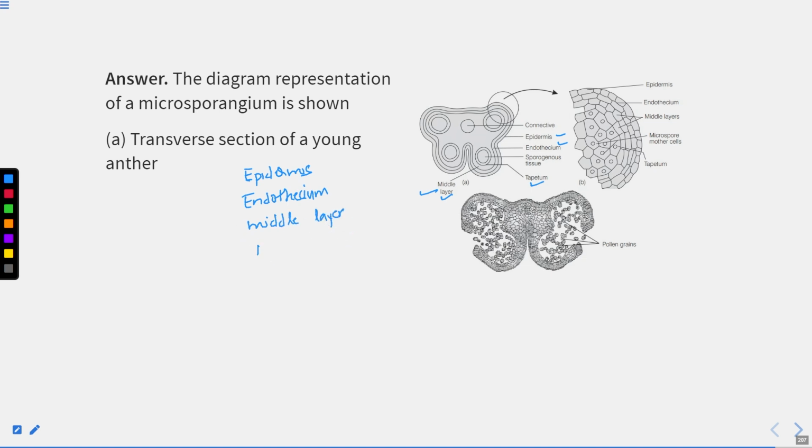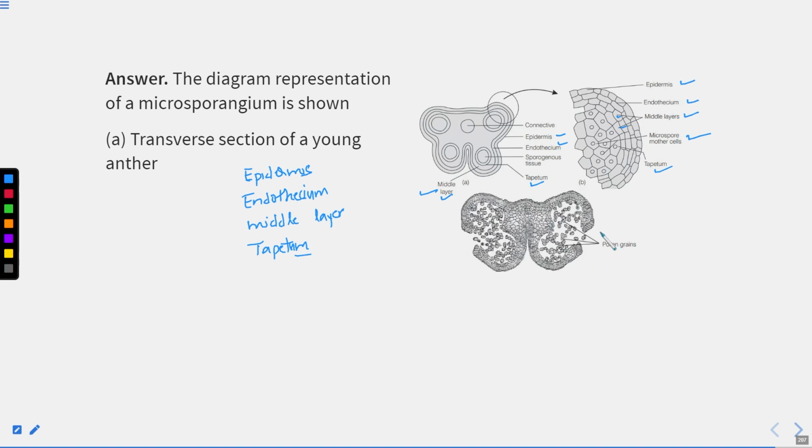And the innermost layer is known as the tapetum, which is the nutritive layer. It provides nutrition. Here you can see the epidermis, the outermost layer. Then we have the endothecium. Then the middle layers are present. And then we have the tapetum, which is the innermost layer. And this is the microspore mother cell.